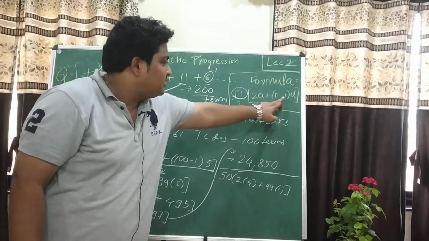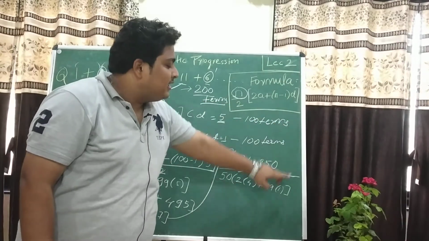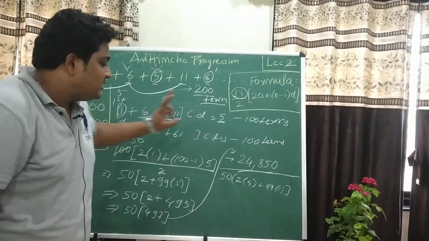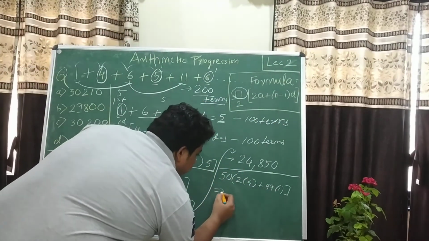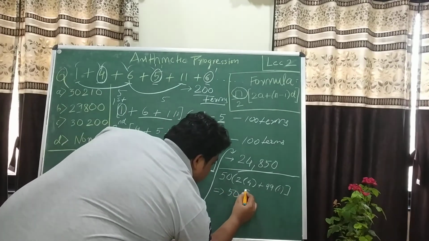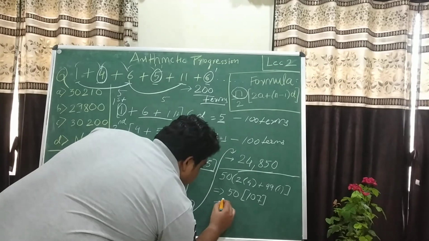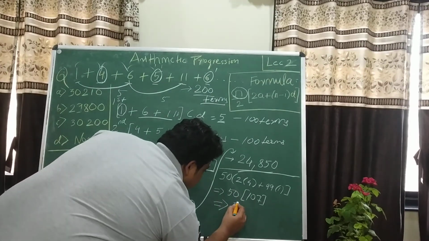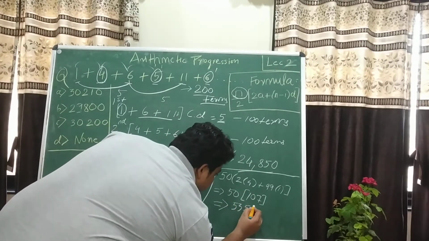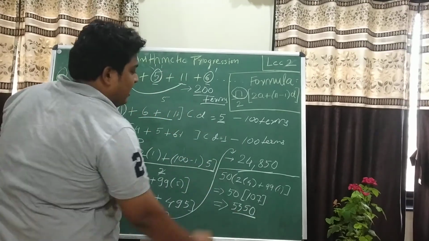It was 100 by 2, which is 50. 2a is 4, plus n minus 1, which is 99, into the common difference 1. What we will get here is 50 into 107. The answer is 5350.